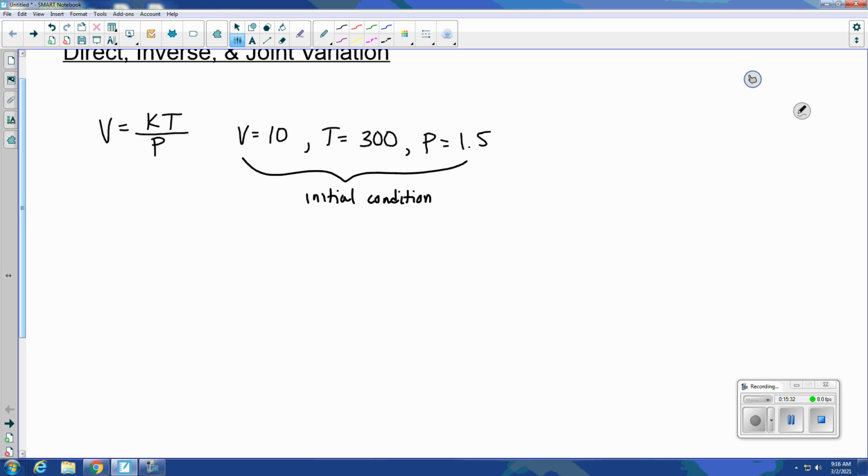And what we'll make a note of is the initial condition allows us to find the constant k in any of these variation problems.